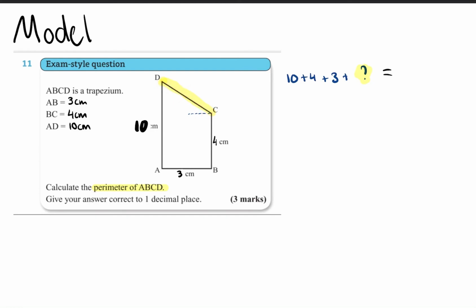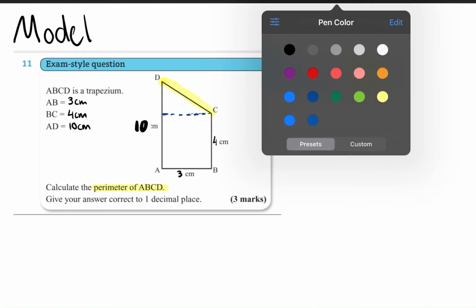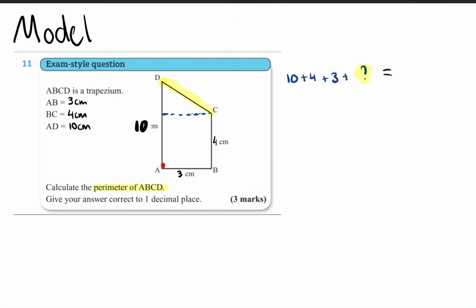Okay, so what we can do is cut this up here. Put a little dotted line here where I've already started it. So now we can see that this length here is 4 centimeters because it matches the opposite side. But if the total is 10, regardless of it not being to scale, this is 6 centimeters here.